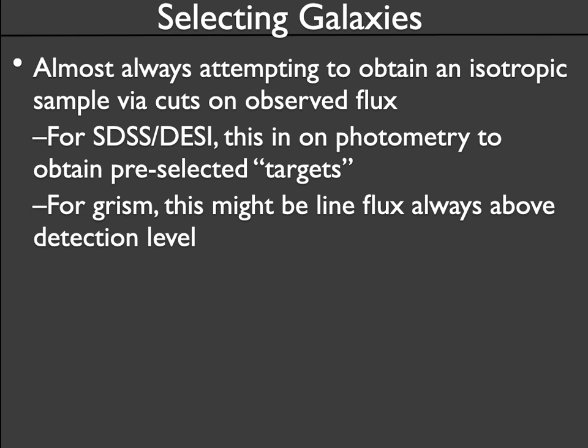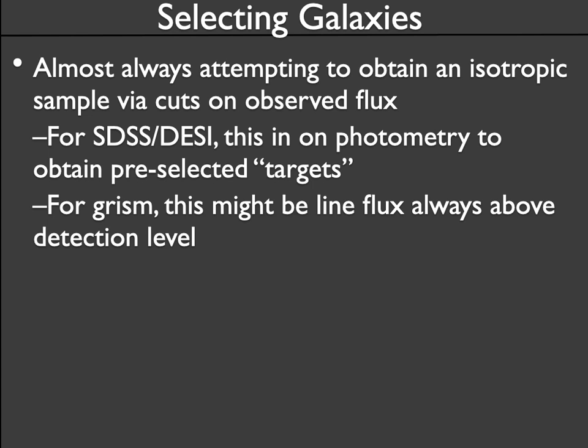And the way that this works in SDSS or DESI is that we have what we call our targets. We have imaging data from which we pre-select the targets. We make cuts on that imaging data, and we then go ahead and get the redshifts for as many of those that we select as we can.